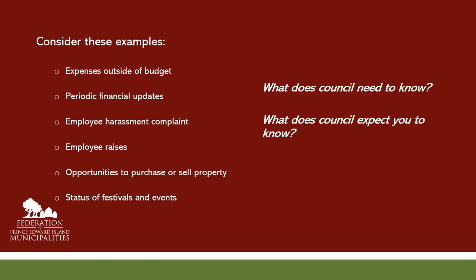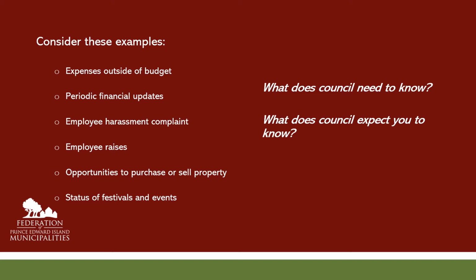Other examples you can think about is, what if there's an opportunity to purchase or sell property? Certainly you wouldn't be making that decision as the Chief Administrative Officer, but there would be certain pieces of information that you need to collect and provide to council.